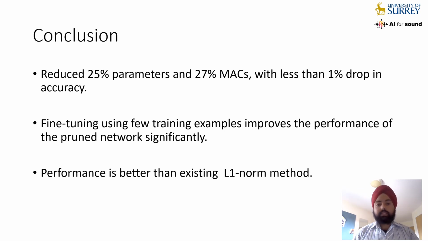We find that fine-tuning using few training examples improves the performance of the pruned networks significantly, and only 75% of the training examples shows similar performance as obtained using all the training examples. So we can reduce the computational complexity by reducing the number of training examples in the fine-tuning process as well.